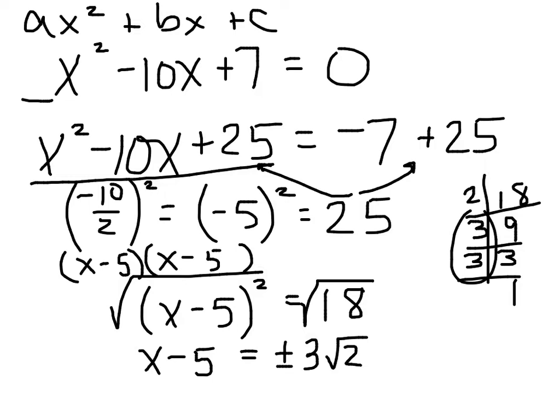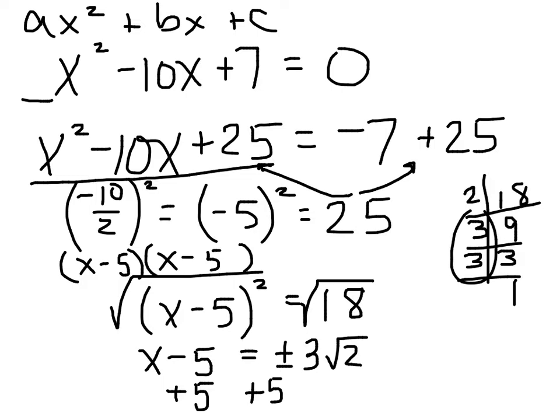Are you comfortable with how he put 3 root 2? I am. It looked great. Proud of him. So then what's the 6th step? How do I do that? Add 5. Now, can you add 5 into a plus or minus 3 root 2?